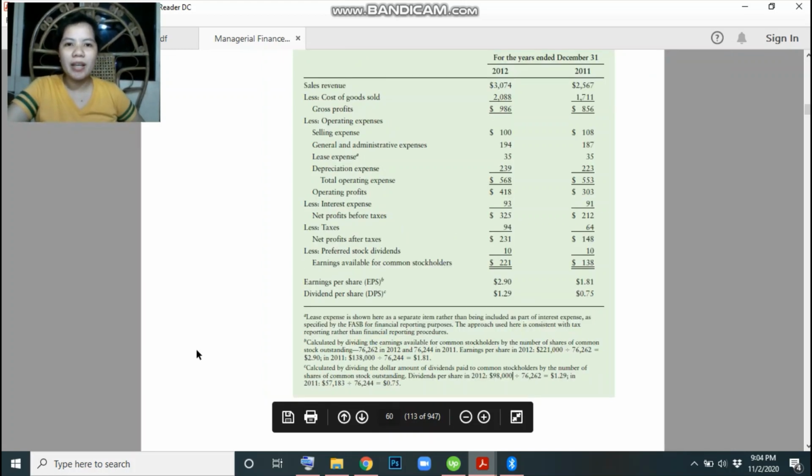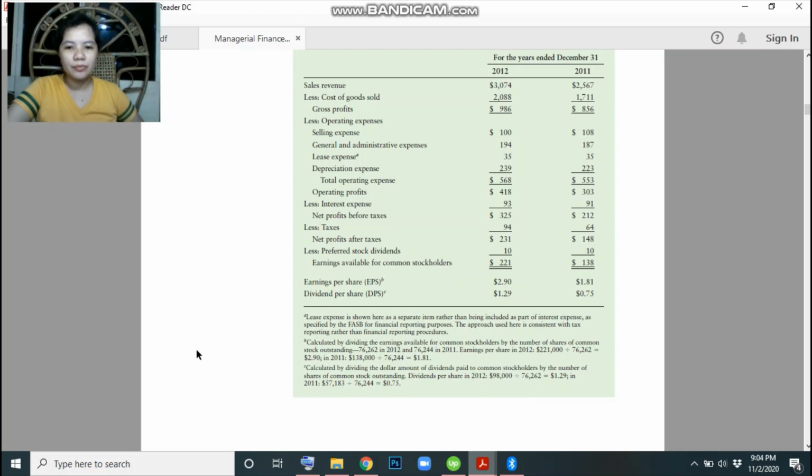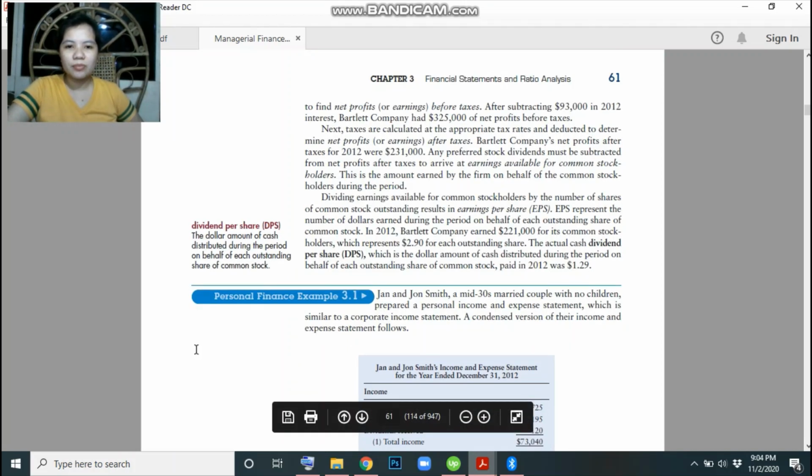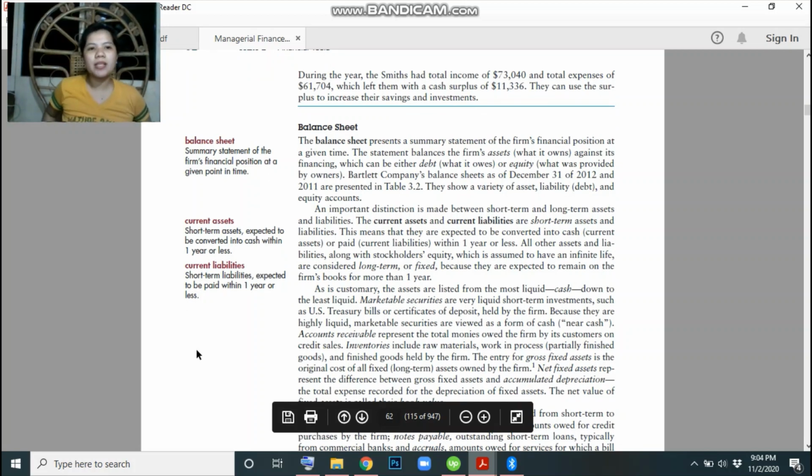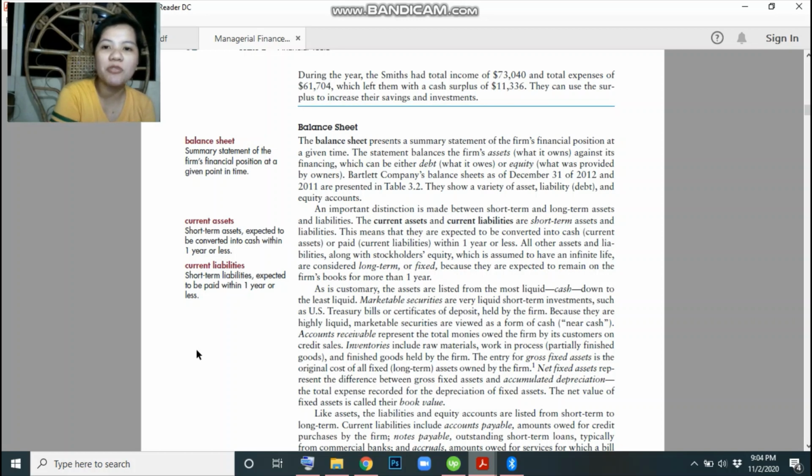The next financial statement is the balance sheet. Okay, the balance sheet presents a summary statement of the firm's financial position at a given time. Okay, so kung si income statement, it shows the performance of the company on a specific period like 1 year.